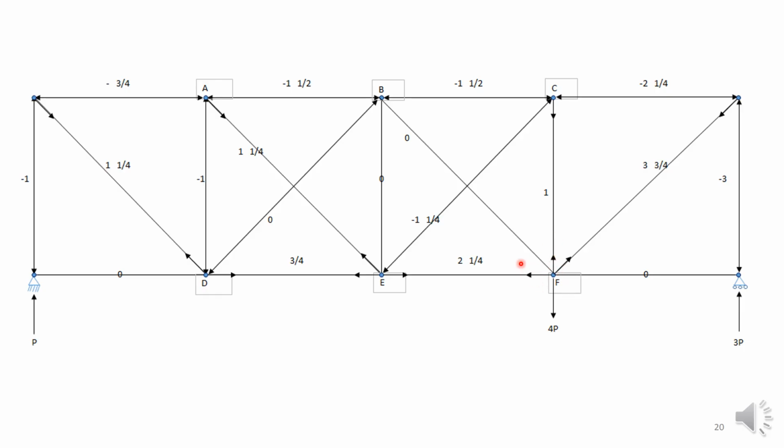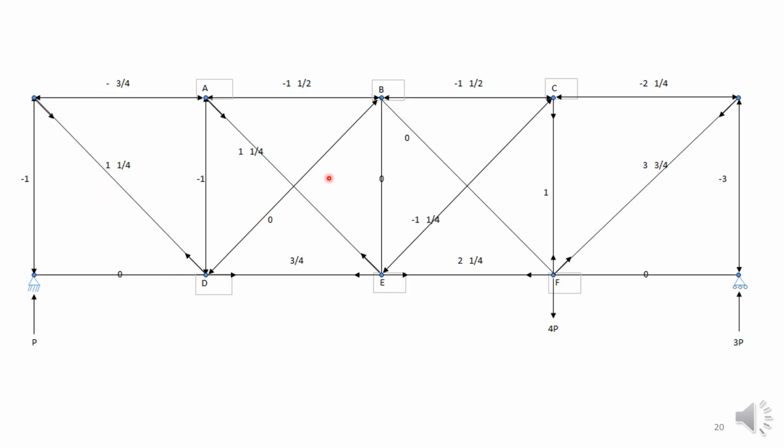So the forces here will be, I won't go into all of the details, you can work this out on your own. And the negative forces, a negative force indicates compression, and a positive force indicates tension.